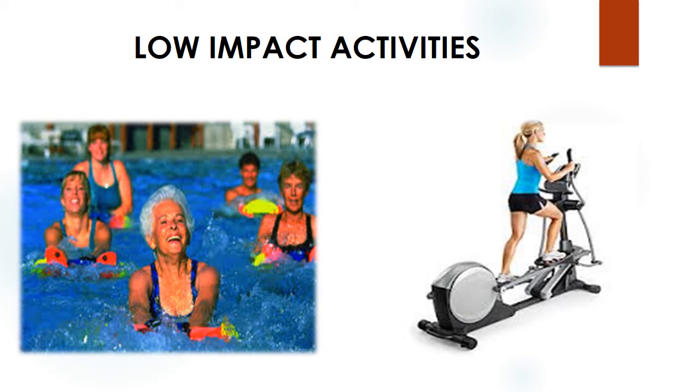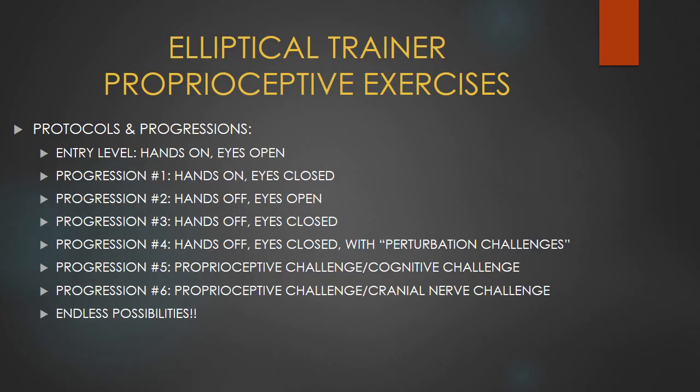Gives a great cardiovascular workout. And also because it can be used in a variety of ways to restore neuromuscular control of the lower extremity kinetic chain joints. So let me give you some ideas as to how you can recommend the elliptical trainer to your patient.